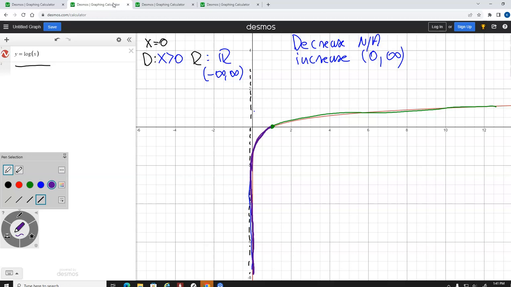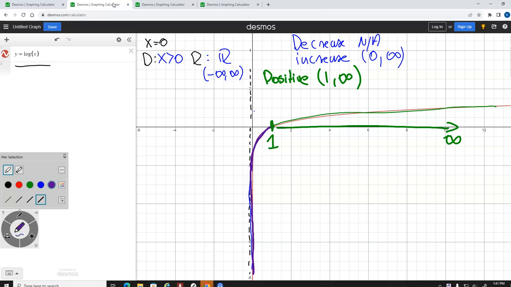So again, you're reading positive and negative numbers on the x-axis. So I can say that my positive numbers start at 1, and then they continue toward positive infinity. So 1 toward positive infinity.